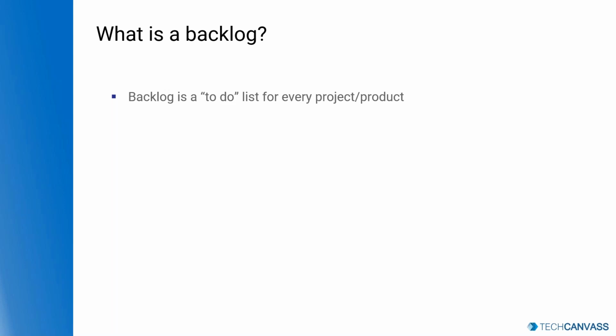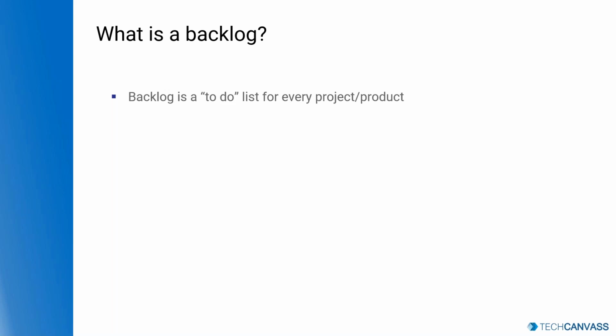Backlog documents are basically a list of all the requirements for a project ordered in a prioritized way. So anything which is high in priority is at the top of the backlog document. Okay, that's a common practice.